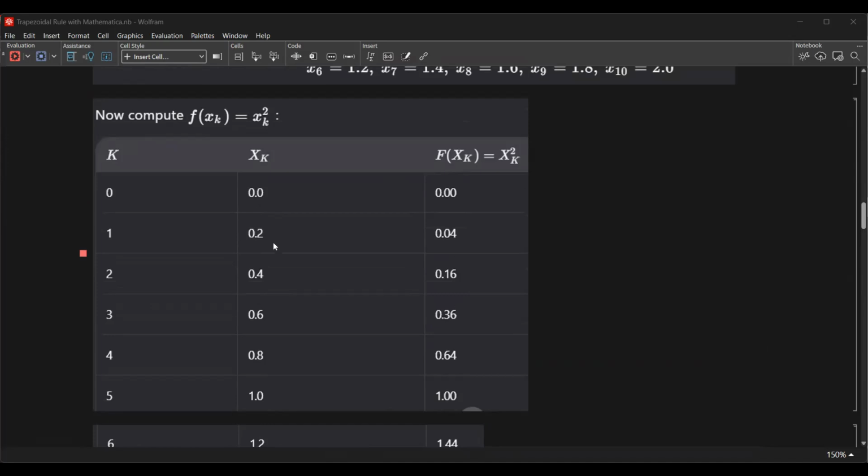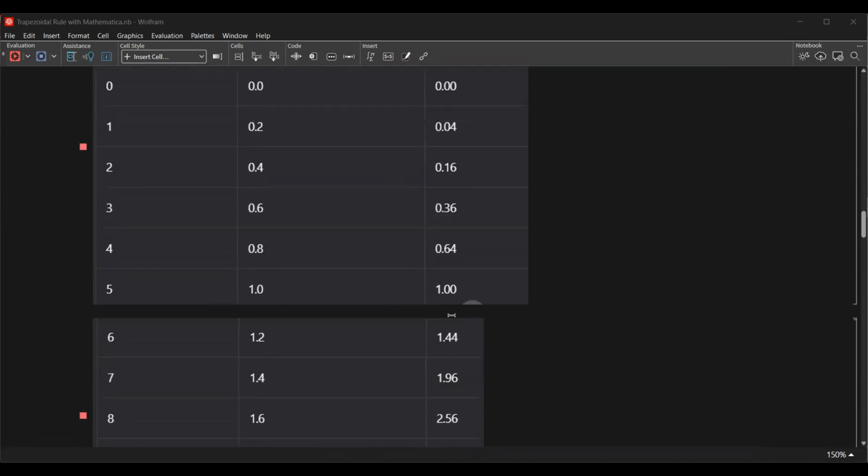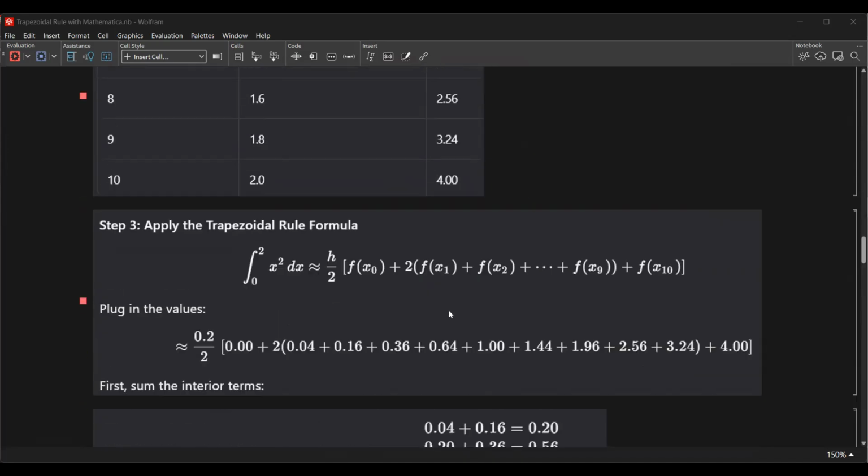The increment here is equal to 0.2. For example, 0, 0.2, 0.4, 0.6, 0.8. Then we have x squared here. The square of 0 equal to 0. The square of 0.2 is equal to 0.04. The square of 0.4 is equal to 0.16. The square of 0.6 is equal to 0.36, and so on.